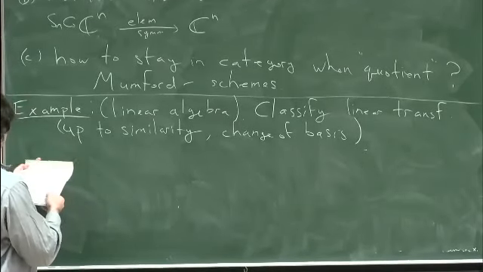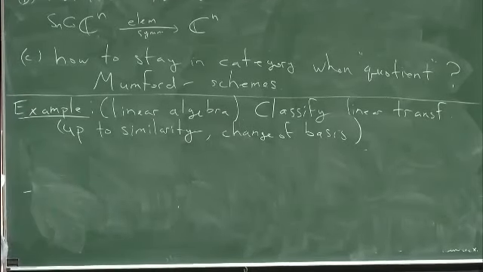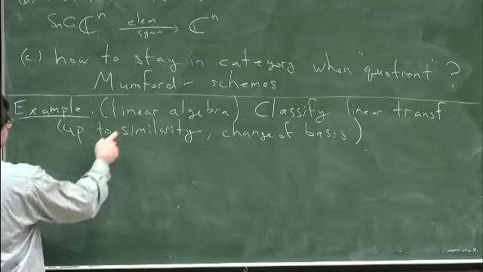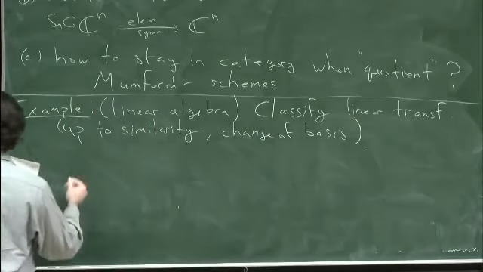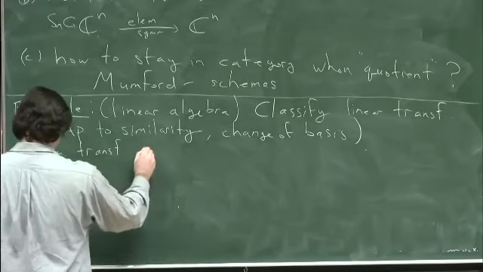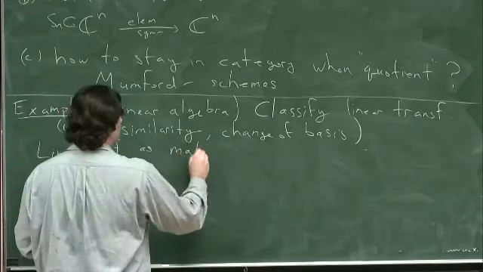What happens? Let's take a really simple example and see some of the phenomena at work here. So let's pick our coordinates, and we'll express our linear transformation as a matrix A, n by n matrix.